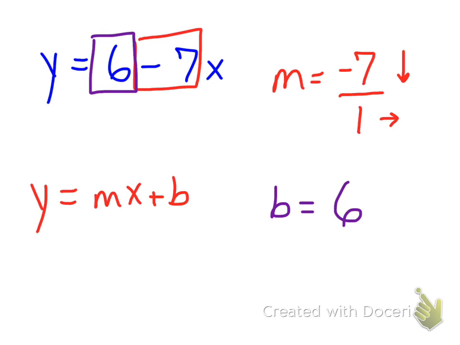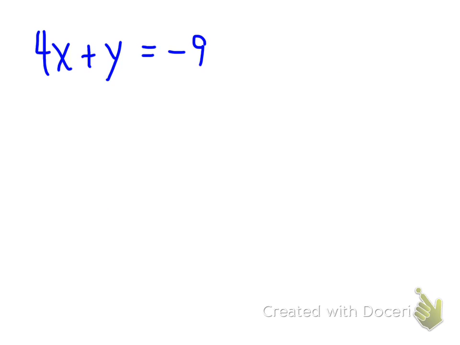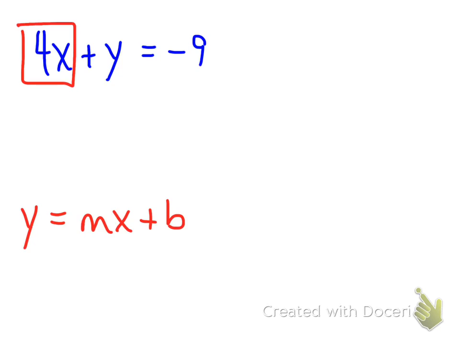And the last example we're going to look at, 4x plus y equals negative 9. This is definitely not in the y equals mx plus b format. So what we need to do is do a little moving here. We need to take this 4x and move it to the other side of the equal symbol. In order to do that, I will subtract 4x from both sides.